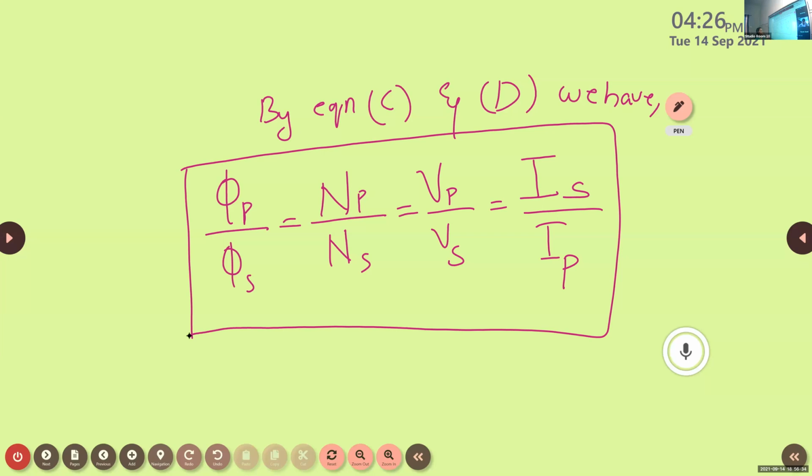So this equation gives the relationship between magnetic flux, number of turns, EMF, and the current generated in a primary coil with that of a secondary coil.